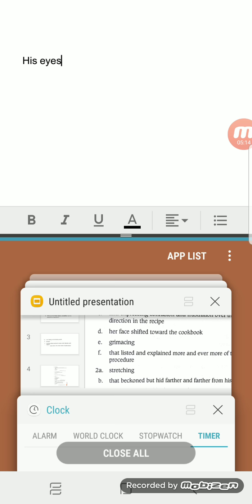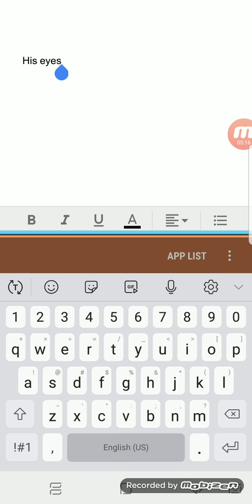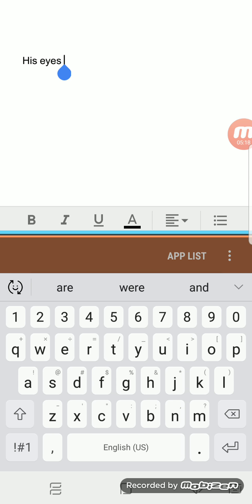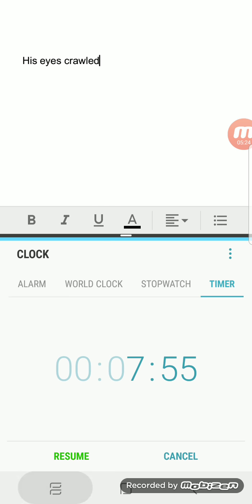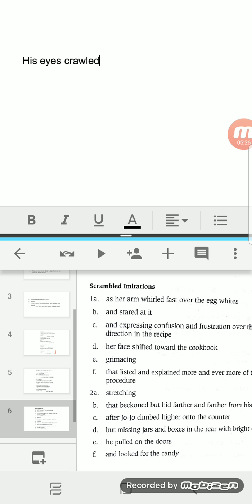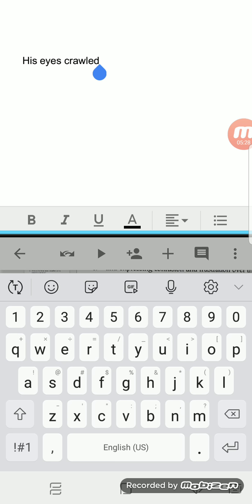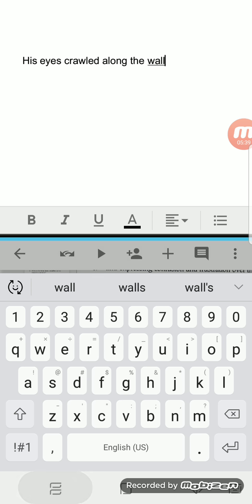Instead of shifted, I'm going to say crawled. Taking it in bigger chunks, when it says towards the cookbook, I'm going to say along the wall. So once it had a preposition, along the wall: his eyes crawled along the wall.